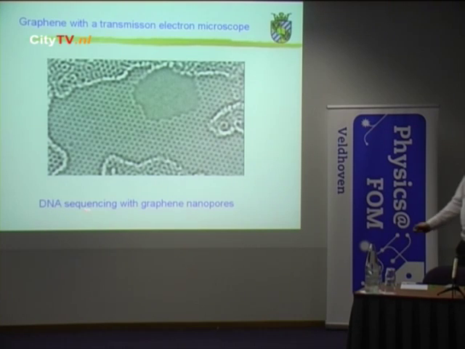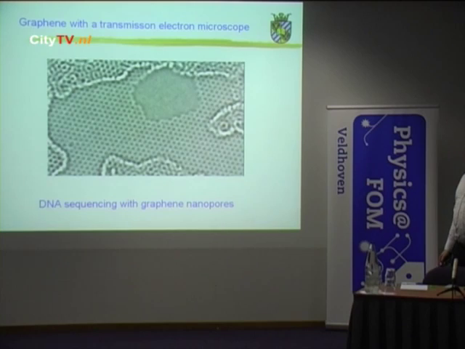So what can you do with it? Well, people are actually looking into that. If you have a small hole and you have a DNA string, and you have a trick to pull it through this hole, in the meantime you can measure the electrical resistance between the top and the bottom. You might imagine that if a unit of the DNA, which is a little bit bigger, fills the hole, the conductance drops.